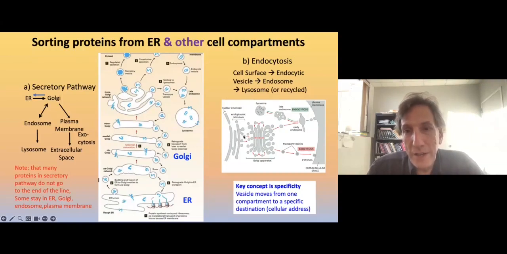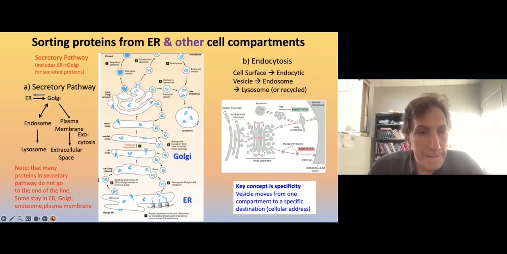Vesicles from the ER, these little circles, to the Golgi, vesicles between different parts of the compartments of the Golgi, and then vesicles to the plasma membrane, and also vesicles moving in from the plasma membrane. So how do these vesicles move from one compartment to a specific destination? How do you make sure they carry the right proteins? That's what we'll talk about here. We'll come back to this picture later.